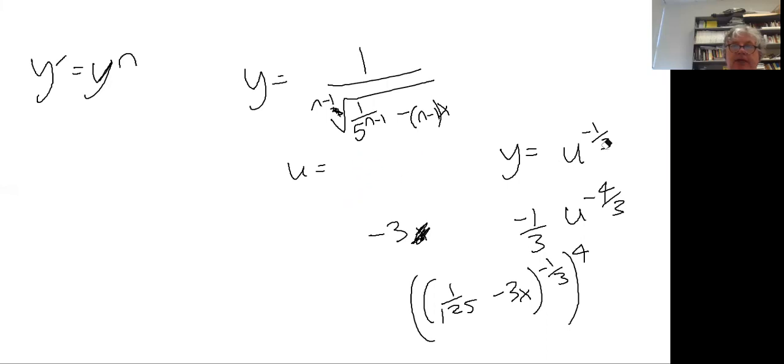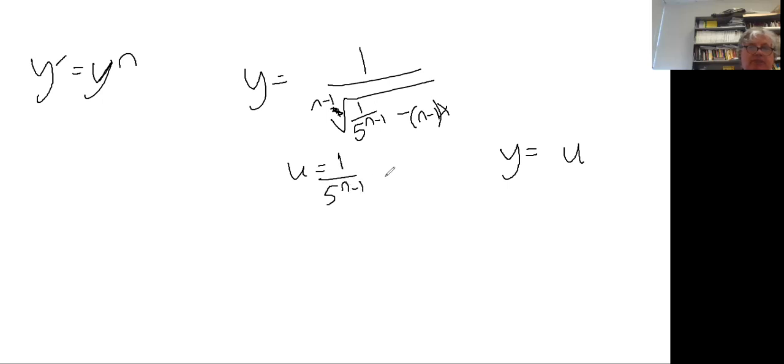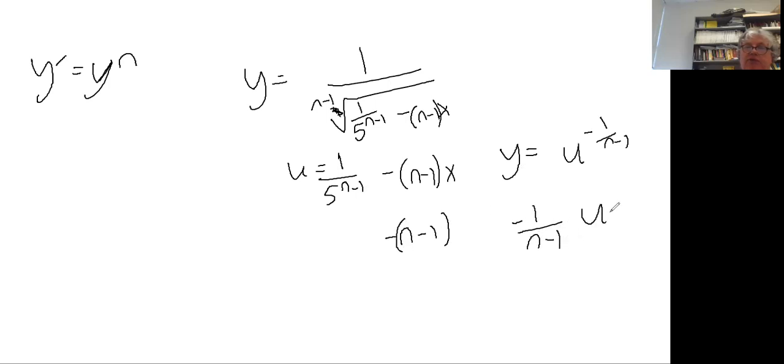And so again, if we let u be what's under the surd sign, y to the minus 1 on n minus 1, take the derivatives, we get minus n minus 1 here. We get minus 1 over n minus 1 there times u.